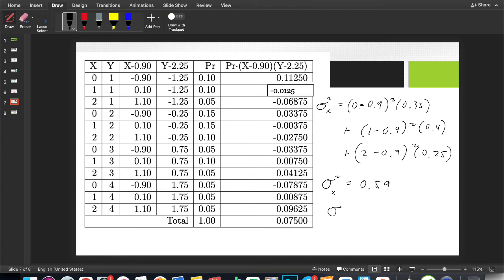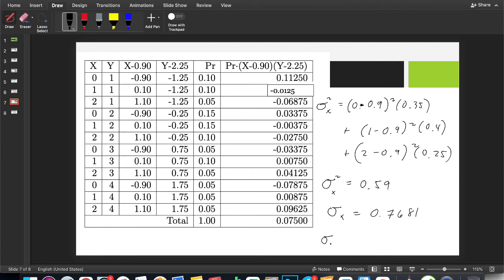You get the square root of this. That would serve as your standard deviation, and if I'm not mistaken, this is 0.7681. You may verify this with your calculator. And then you repeat this process for y, okay, variance of y.